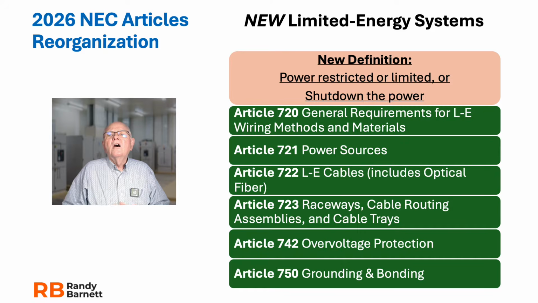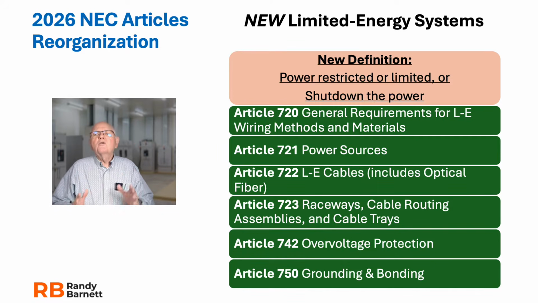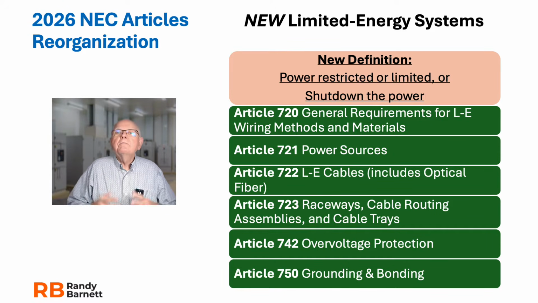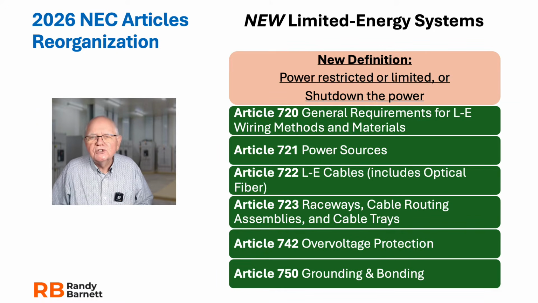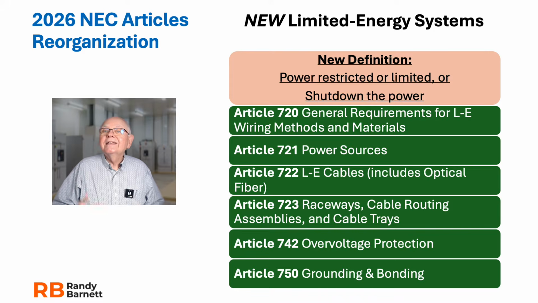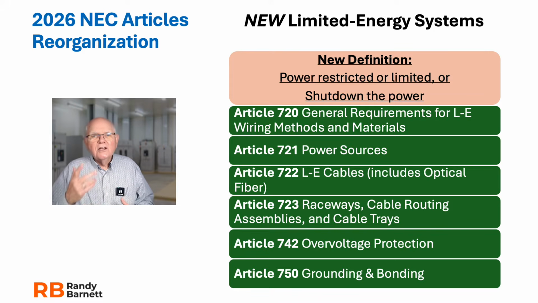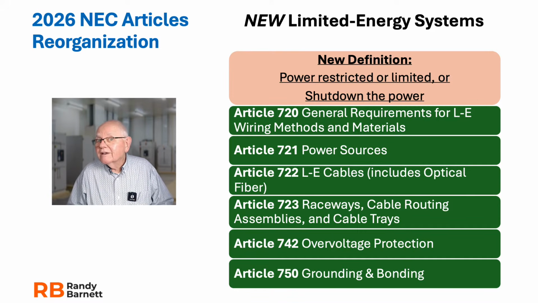But anyway, Article 720, general requirements for limited energy wiring methods and materials, a new article. Another new article is Article 721, power sources for limited energy systems. Article 722, limited energy cables. That also includes optical fiber cable.